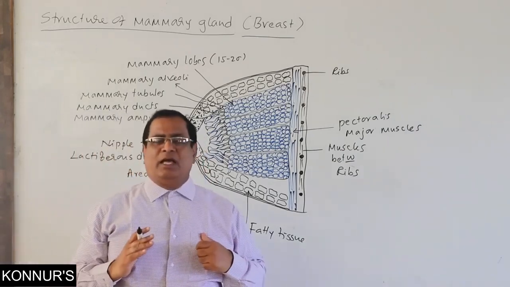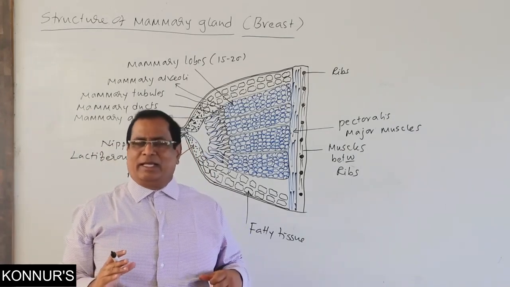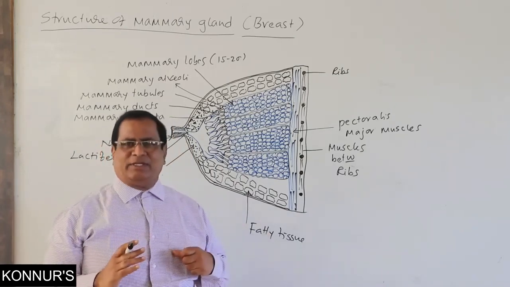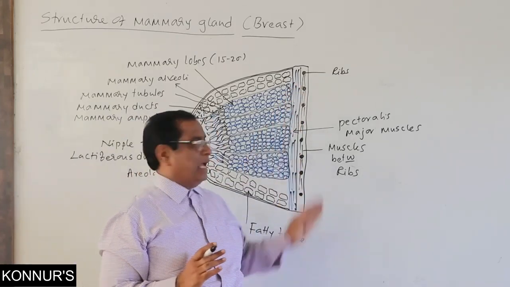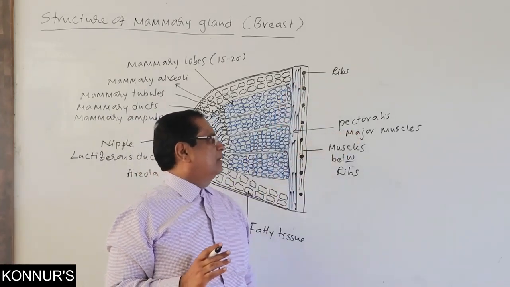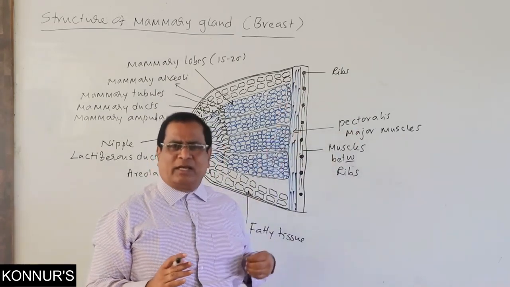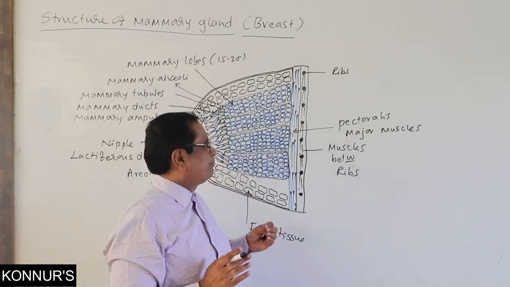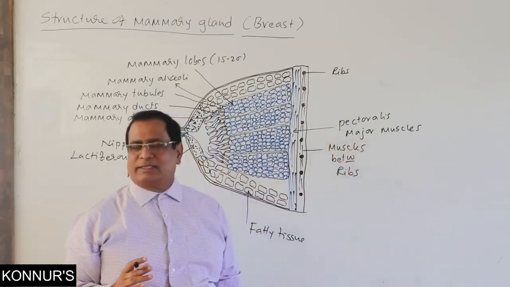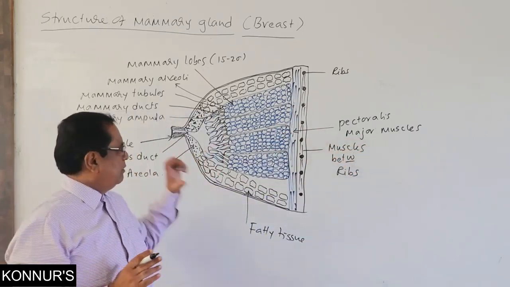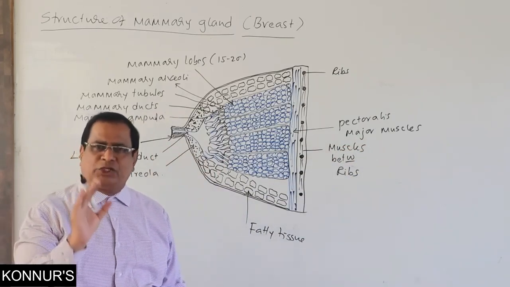And these breasts are present external to the thoracic cavity, and the thoracic cavity is covered by the ribs, and in between these ribs muscles are there, and next to the ribs there is a muscular layer. That muscular layer is named pectoralis major muscles.